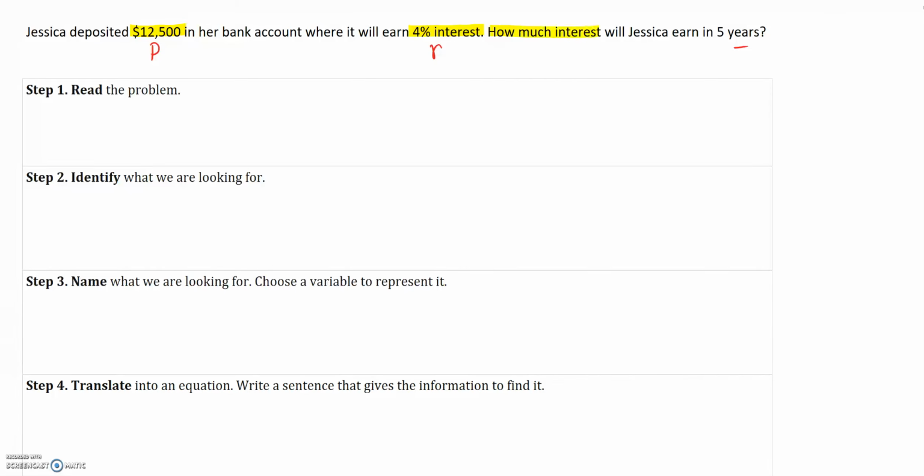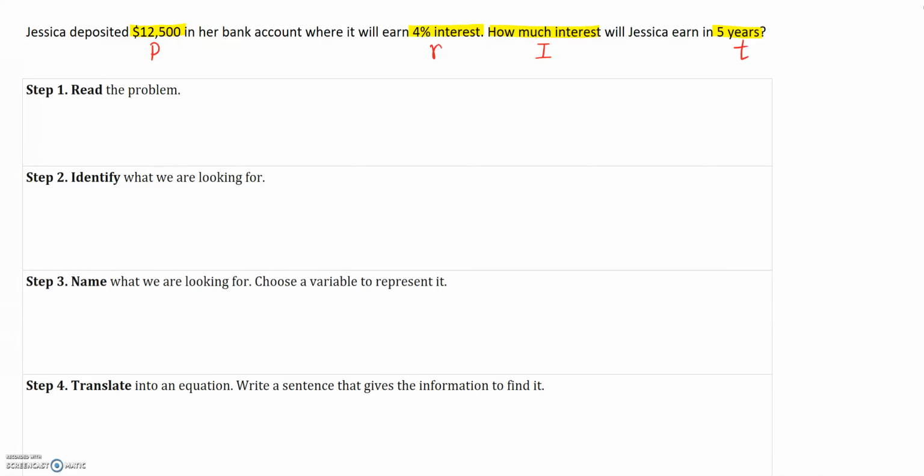How much, that language means it's an amount. The amount is the interest amount, which is your I, right? I is in dollars. That's the interest amount. R is the rate, that is in percentage. And we have the duration to be 5 years, which is your T, because T is the duration of the investment here. All right, so we did read the problem.